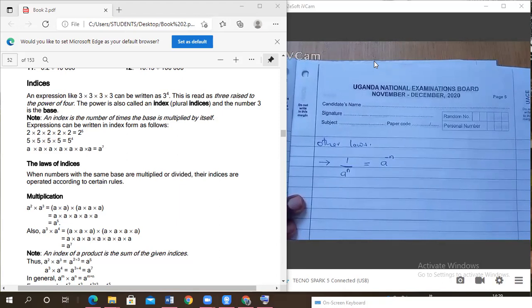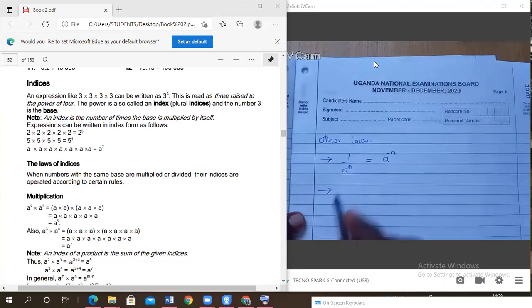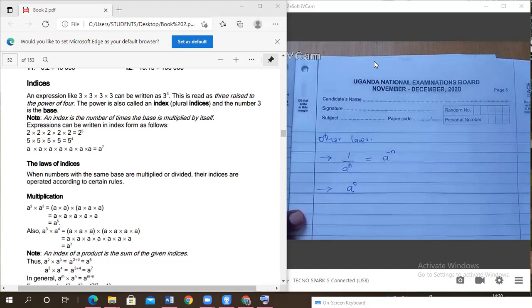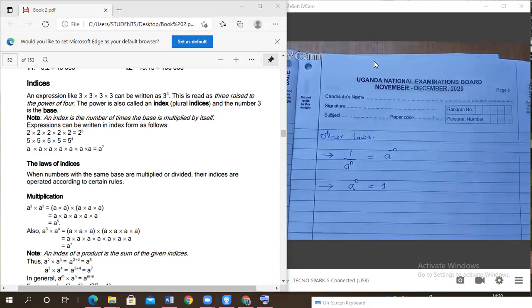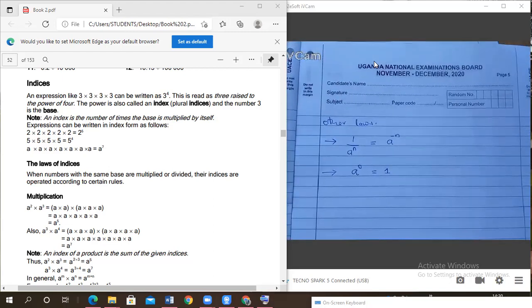Are you together? Yes. Then the next one we can also look at is a to the power 0. A to the power 0 is equal to 1. Any number raised to power 0 is what? 1. Is 1.